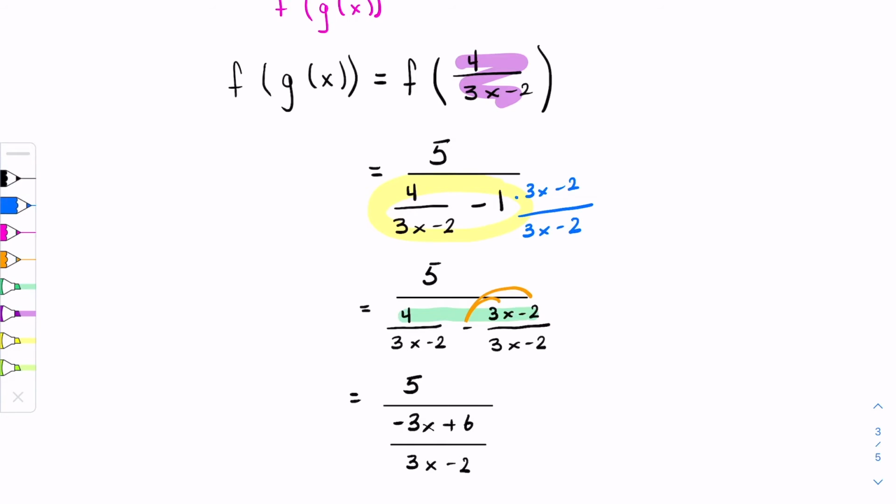Okay, if you lost me at that step, it would be 4 minus 3x minus negative 2, which is the same thing as adding 2. So when I combine my like terms of positive 2 and 4, I ended up with 6.